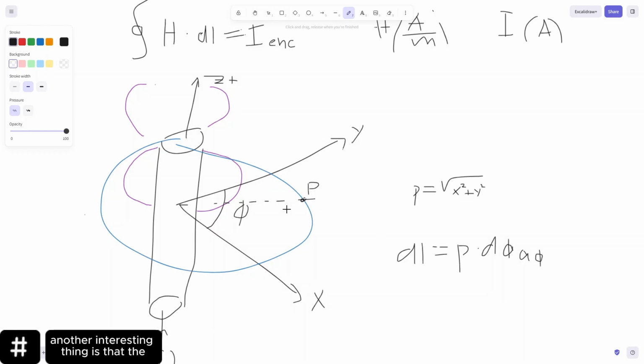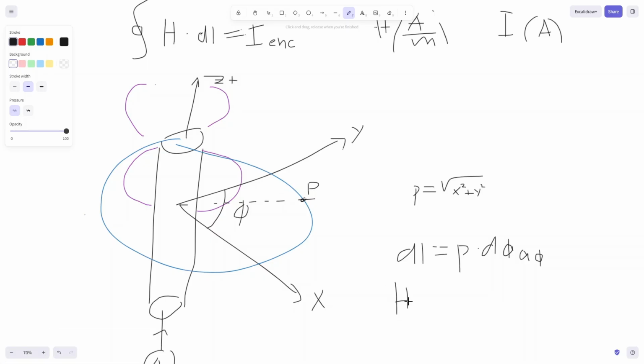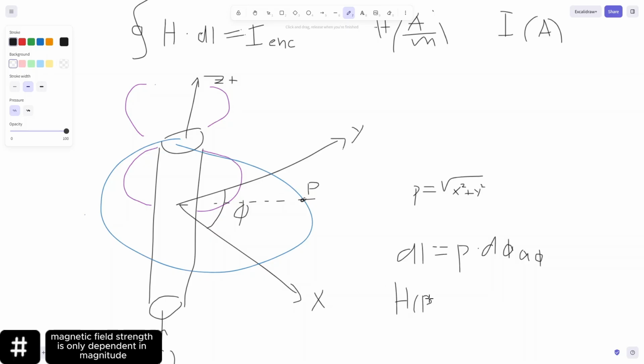Another interesting thing is that the magnetic field strength only depends, in magnitude, on p. And why is that so? That's because if there was a radial component, and we took the differential element with the radial component of an H field, it would be 0 because the angle would be 90 degrees, tangential.